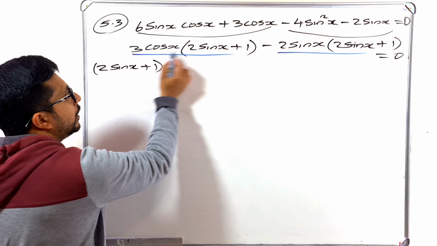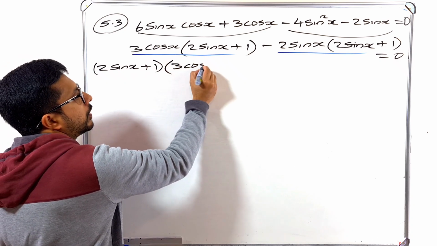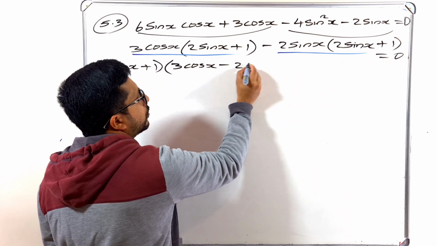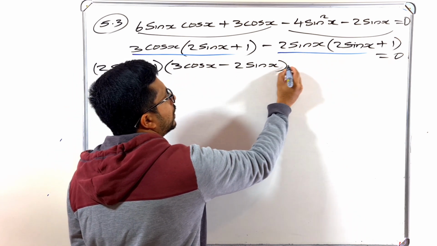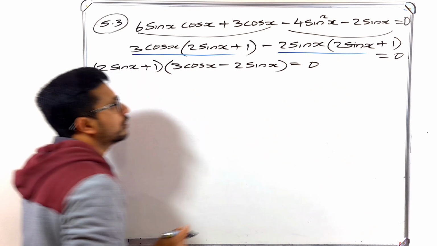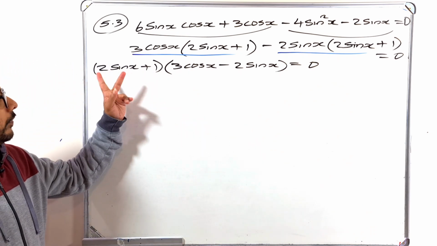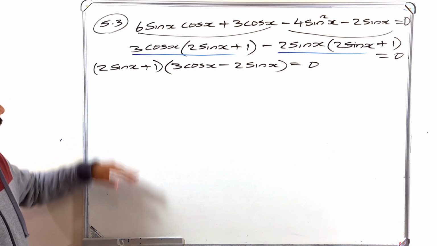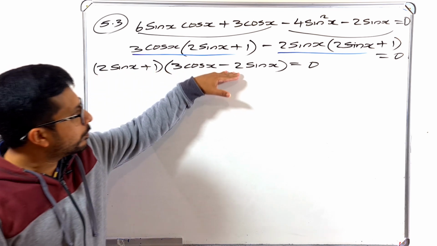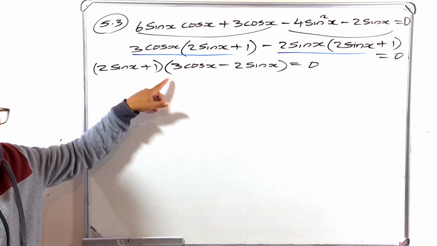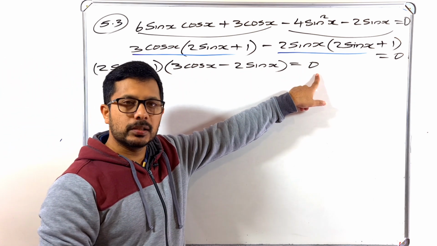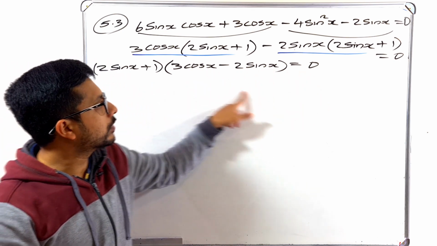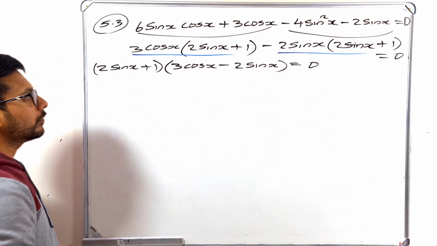What is remaining here? 3 cos x minus 2 sin x is equal to 0. Here you can see two brackets, bracket stands for multiplication, two terms multiplied and the answer is 0. So it means that either this one is equal to 0 or this one is equal to 0. We have to consider both of them.